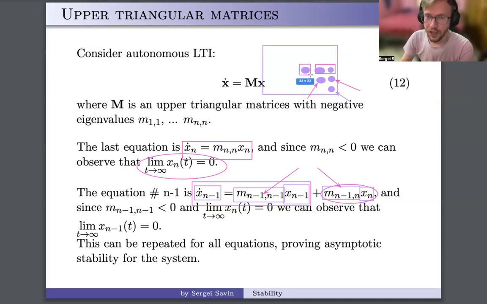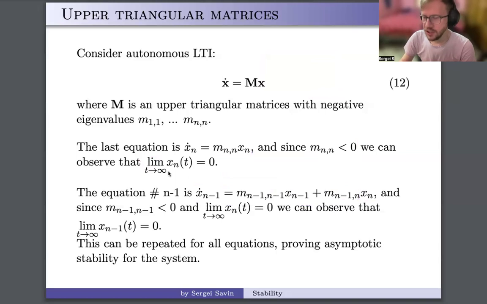So we only have to consider the diagonal contribution, and the diagonal contribution decays to 0 itself because of the negativity of the diagonal values. So this argument does not require eigendecomposition. It's just a question of considering each equation and noting that each equation proves that one of the variables decays to 0, helping you to prove the next equation. Right?